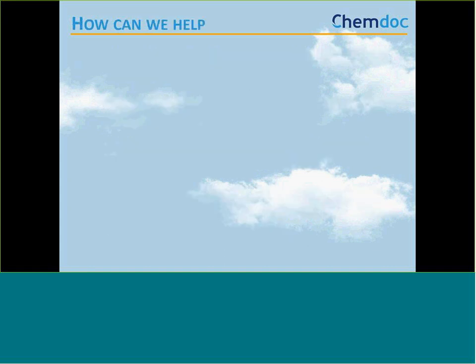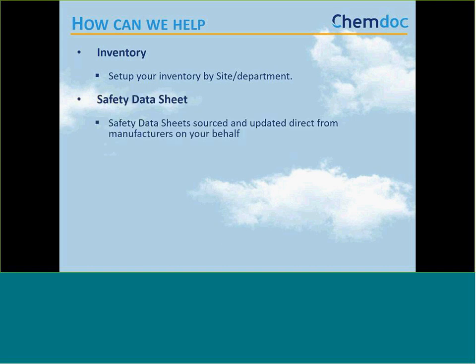So the process I've told you about just now is a process managed through an Excel file, through folders, etc. in any organization. I've outlined here just a couple of points on how, if you want to use the ChemDoc system to implement this process, we can help you. The system is used for basically managing your inventory by site.